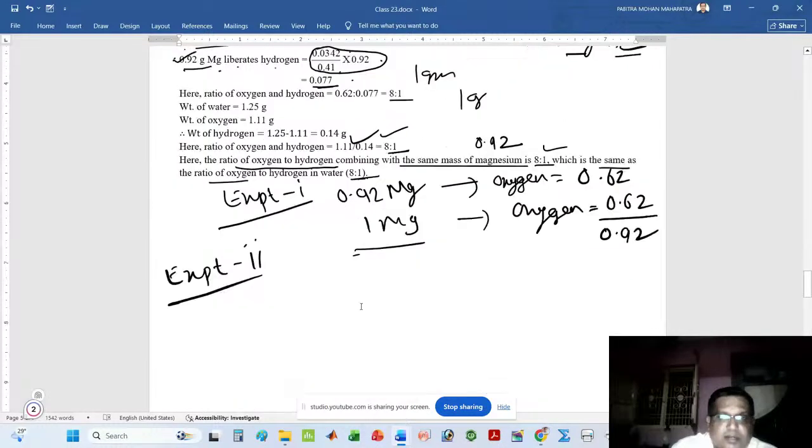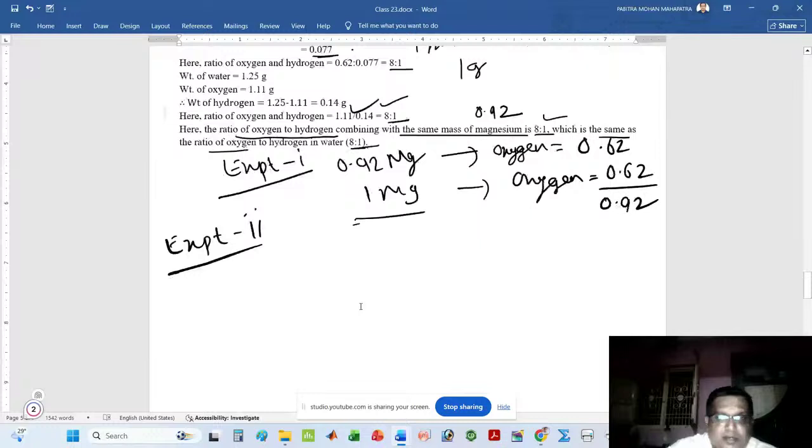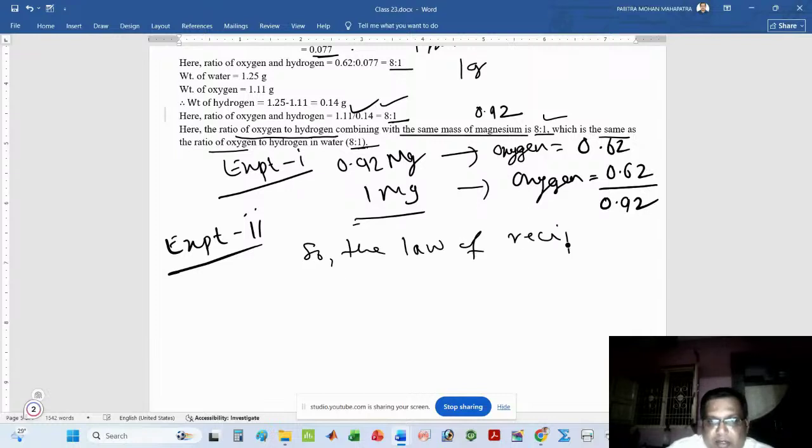So the ratio of oxygen to hydrogen combining with the same mass of magnesium is 8 is to 1, which is the same as oxygen to hydrogen in water. So the law of reciprocal proportion is verified. Clear?